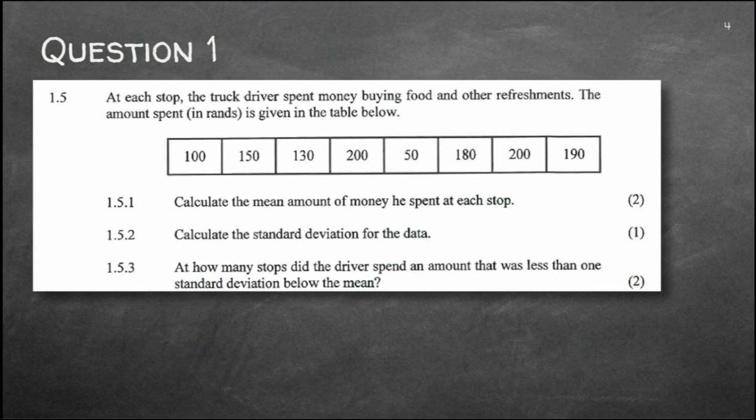At each stop, the truck driver spent money buying food and other refreshments. The amount spent in rands is given below. That's the money he spent for the 8 stops. Calculate the mean amount of money spent at each stop.